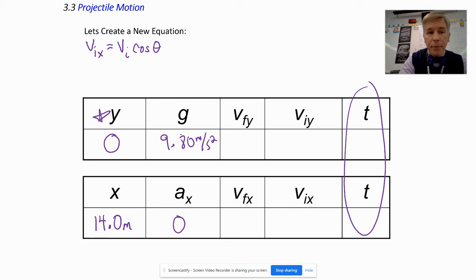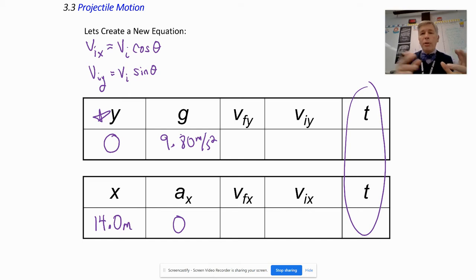The next thing, Viy, is Vi times the sine of the angle. We're going to put this onto our equation sheet. If we haven't gotten this on the equation sheet, we definitely need it there by now.